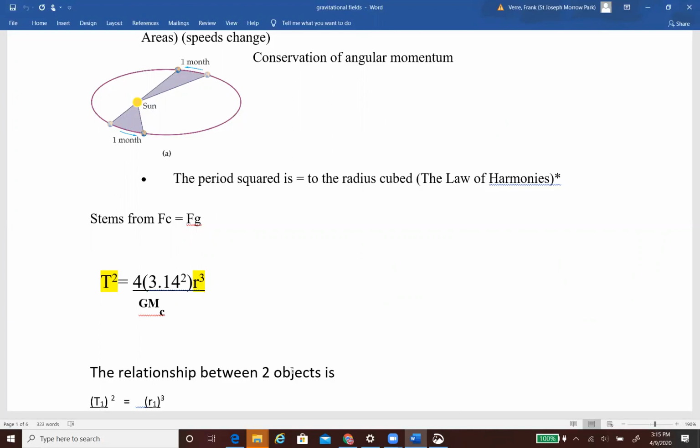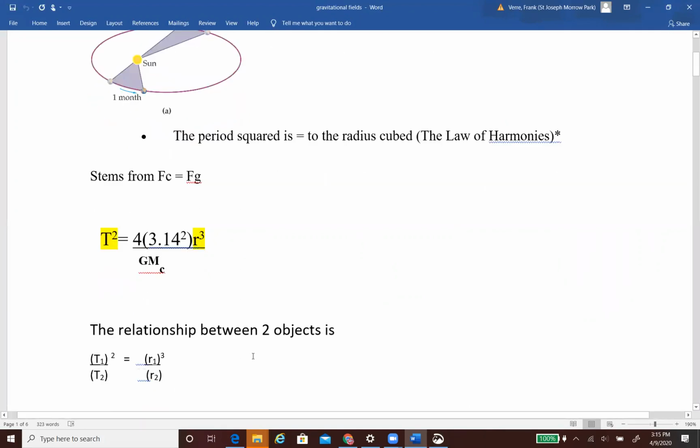But the interesting thing is when we look at that equation, if I think about an object rotating around the sun, there are 4 constants in that equation.